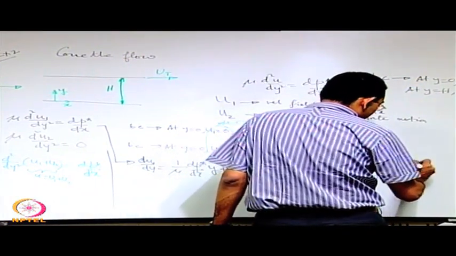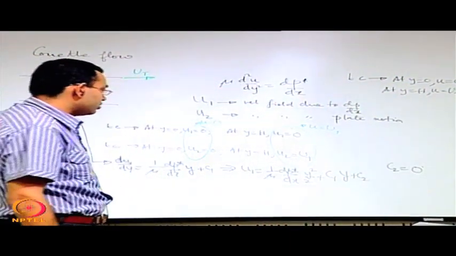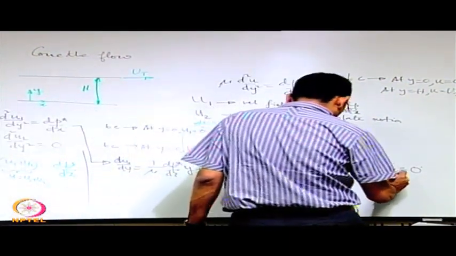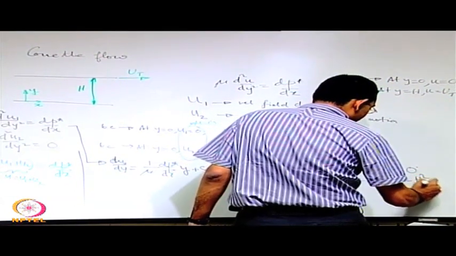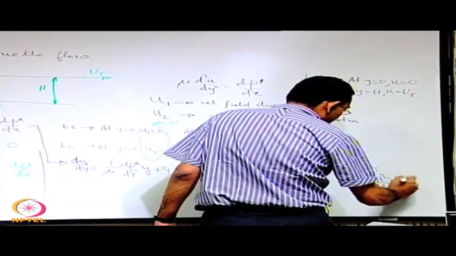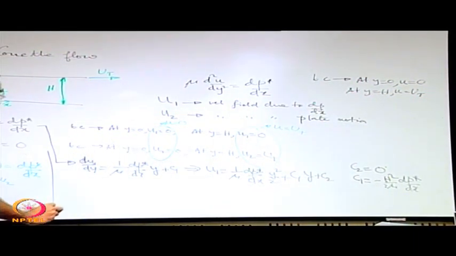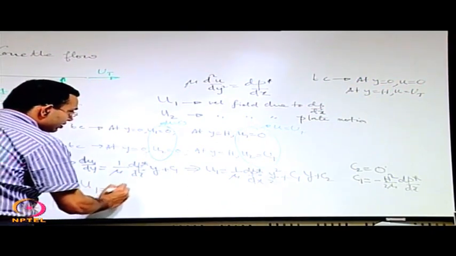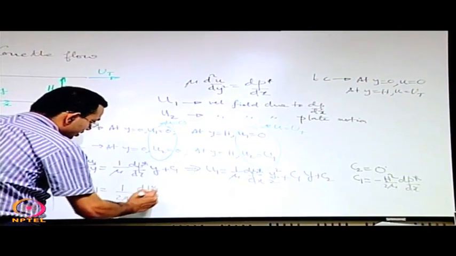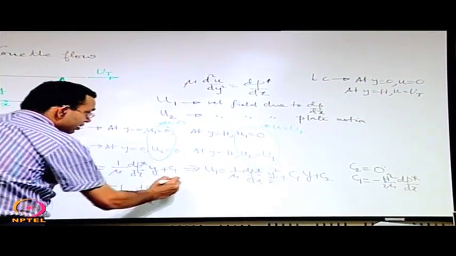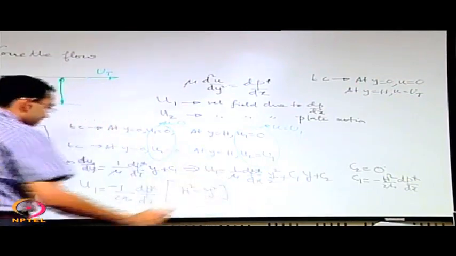At y equal to h, u1 equal to 0, so c1 is minus h square by 2 mu dp*/dx. So the u1 profile is 1 by 2 mu dp*/dx, maybe we put a minus sign outside, into h square minus y square.